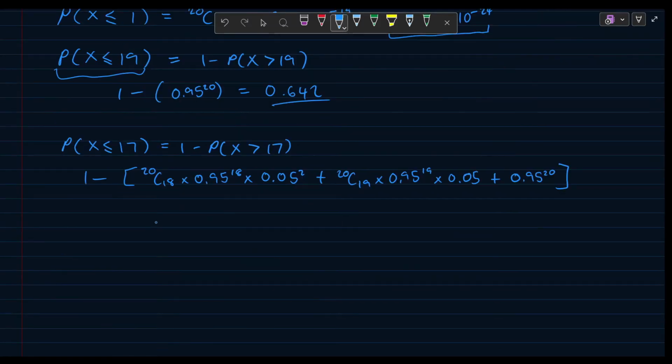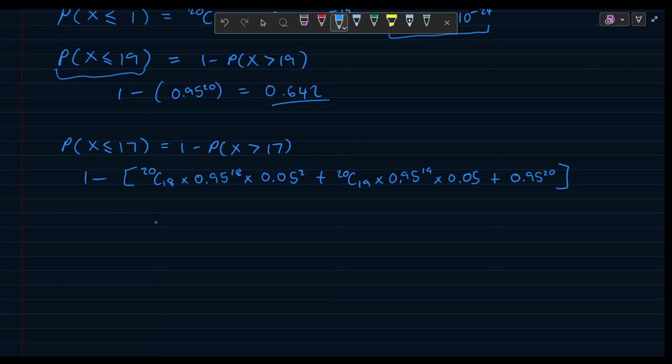Alright, and so if we punch this into the calculator, that's 1 minus 20 choose 18, multiplied by 0.95 to the power 18, times 0.05 squared, plus 20 choose 19, times 0.95 to the power 19, multiplied by 0.05, plus 0.95 to the power 20.